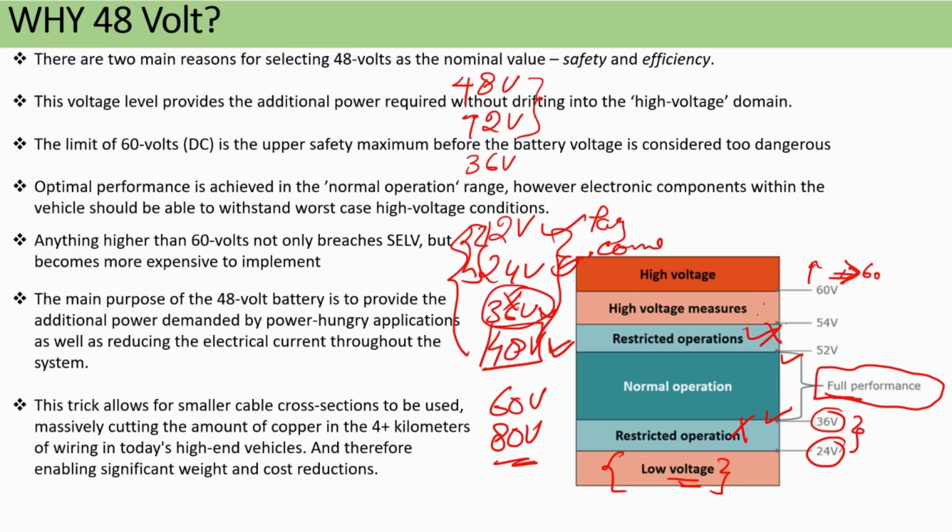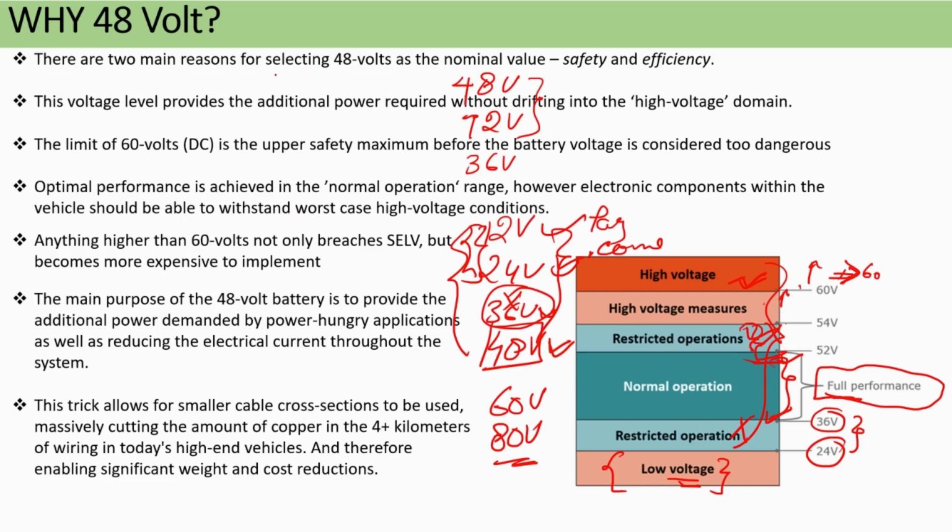You might be asking where this data came from. This data came from studies and analysis. After many experiments, this data showed that this is the range of normal operation. If you put more than this, there is some issue in this range, or there is a definition that above 60 volt we consider it high voltage.